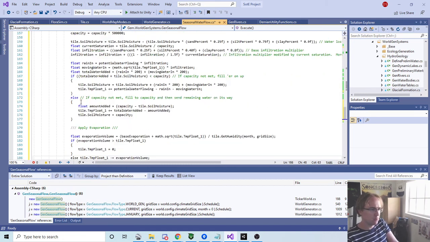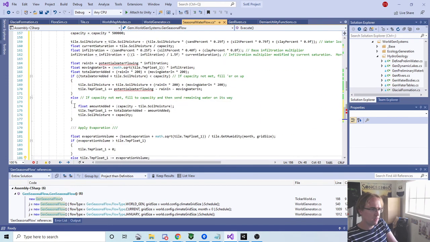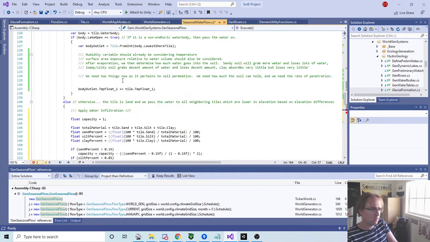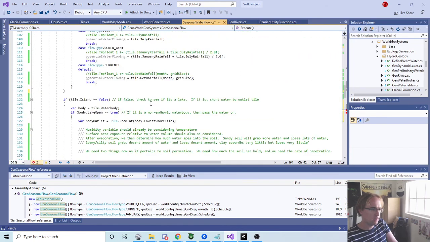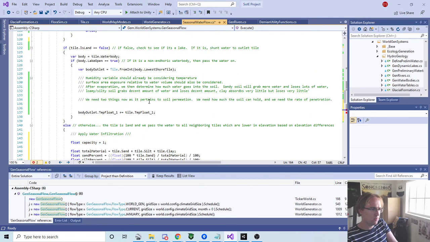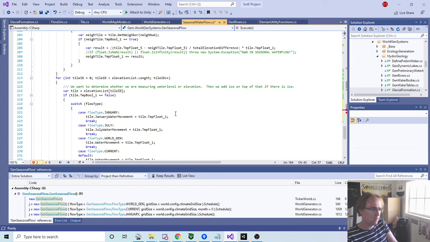We also need to enable burst compiler. Where did we... That's weird. Hold on.